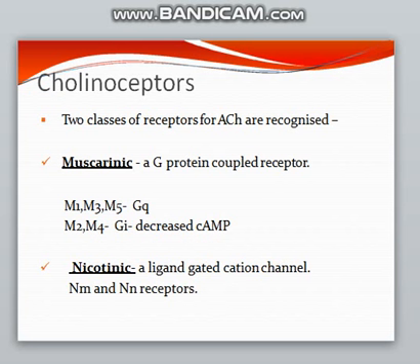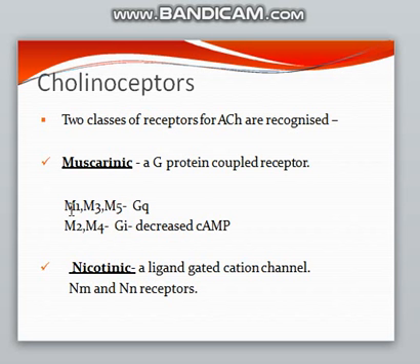Thus, we have seen that after synthesis, acetylcholine is released from the synaptic cleft and attaches to the neuroreceptor. Cholinergic receptors are of two types, muscarinic and nicotinic. The muscarinic receptors are G protein coupled receptors, and they can be divided into five groups: M1, M2, M3, M4, and M5.